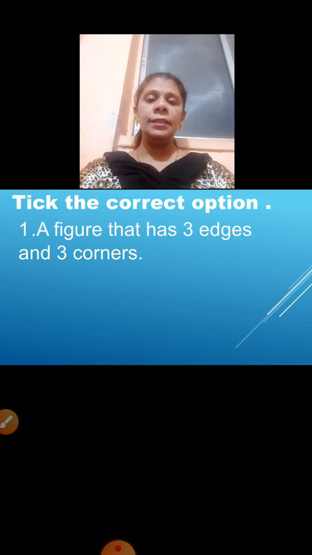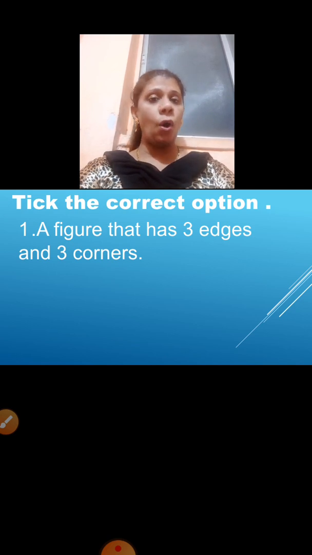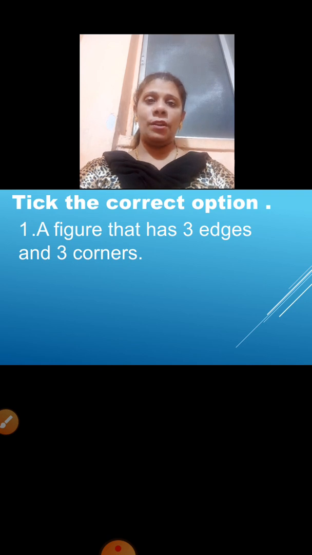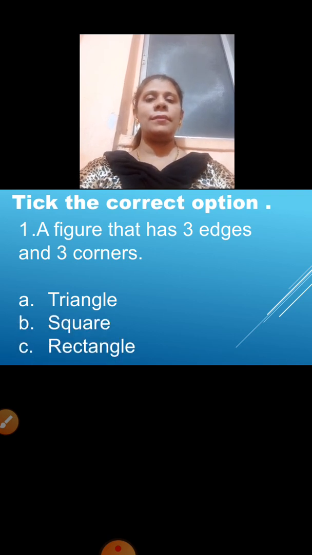A figure that has 3 edges and 3 corners. So what are our options? Triangle, square, rectangle.